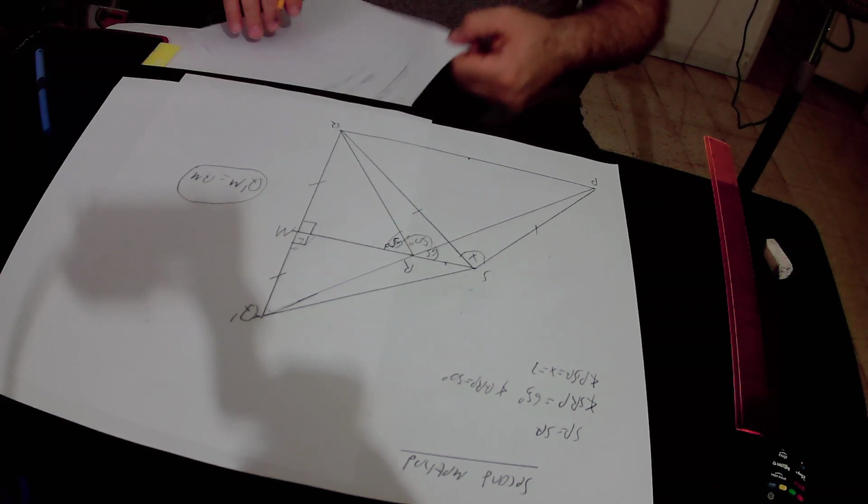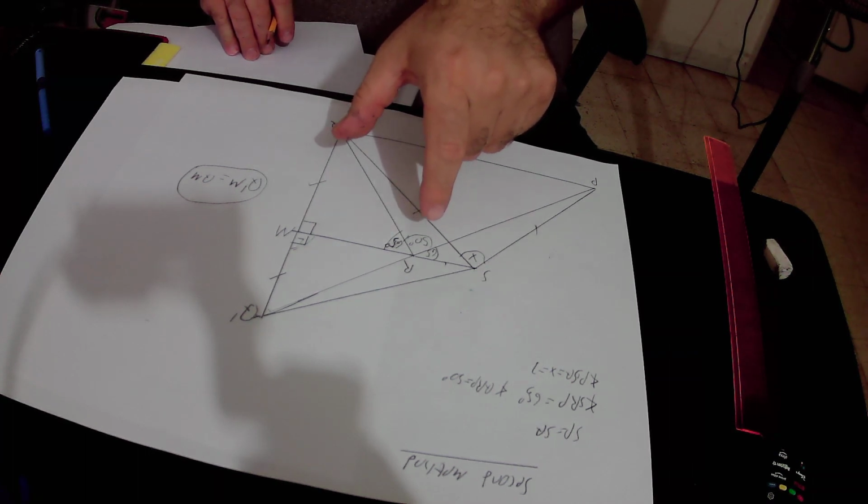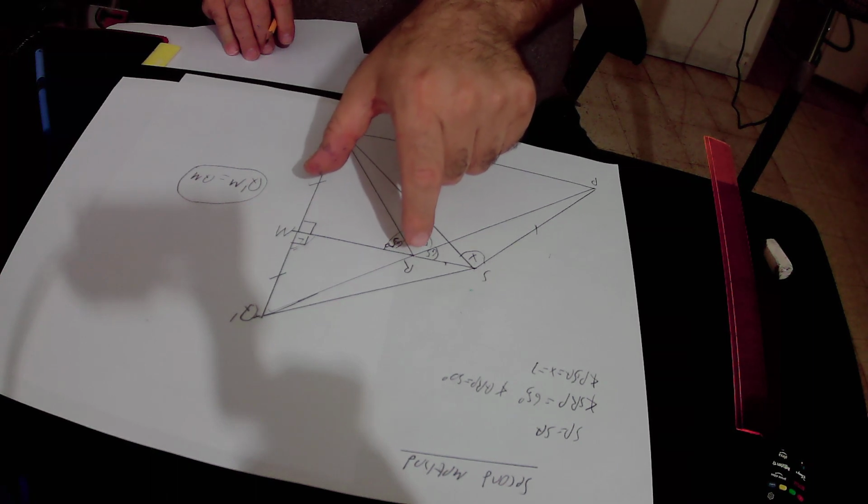And also we have a common side. RM equals RM, a common side that belongs to both triangles.